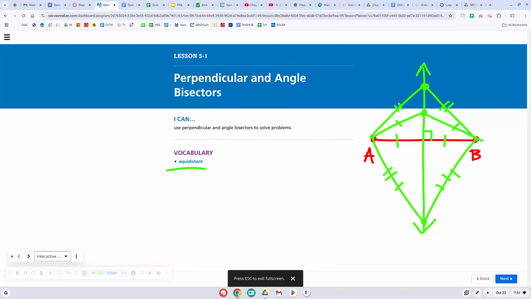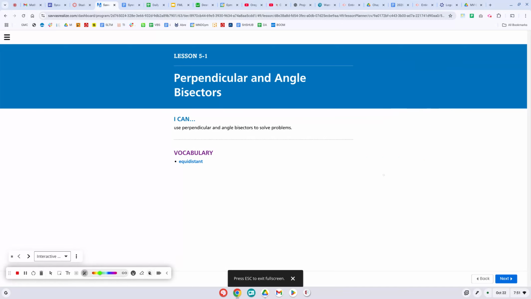So there are going to be three primary shapes that you should look out for when you're looking for perpendicular bisectors. One of them is isosceles triangles. If you have an isosceles triangle, then the altitude is also the perpendicular bisector because the points are equidistant.